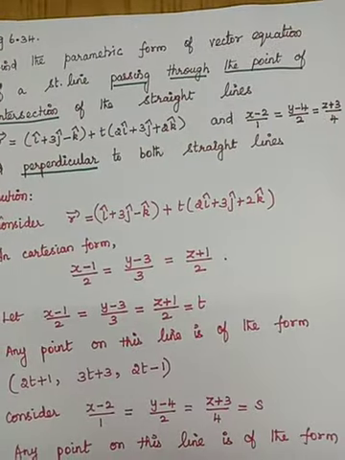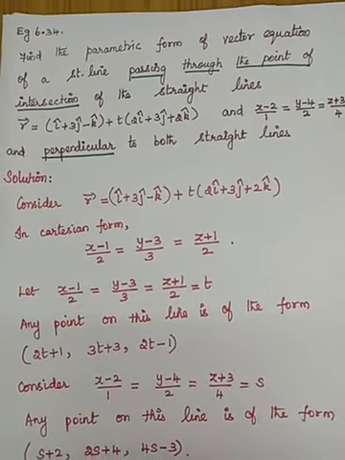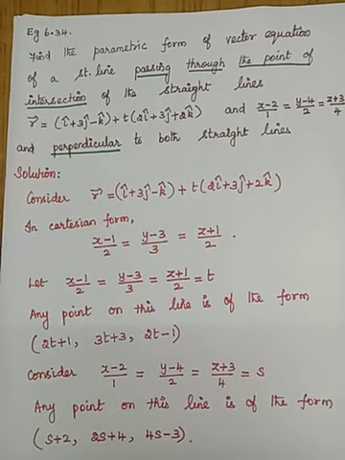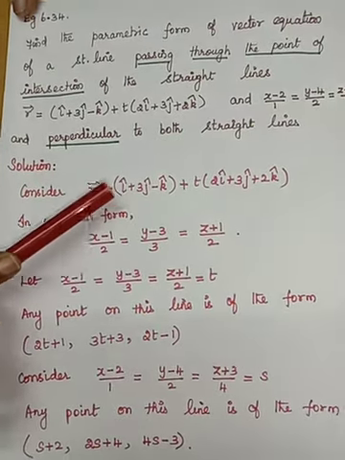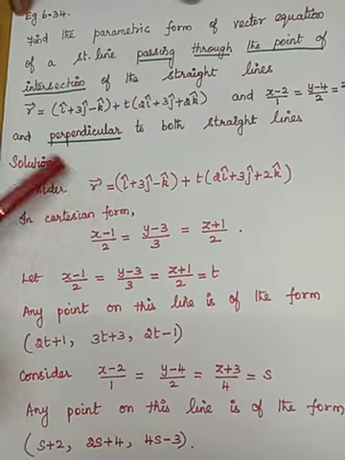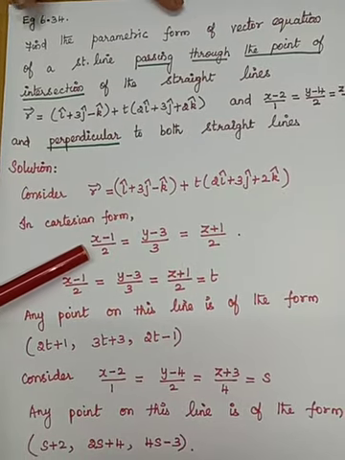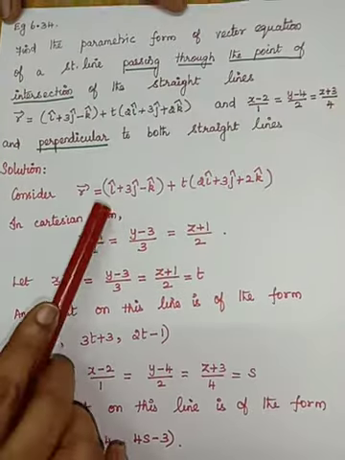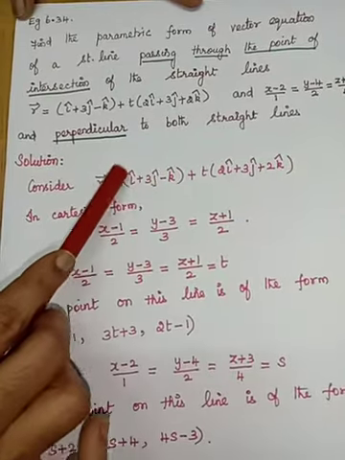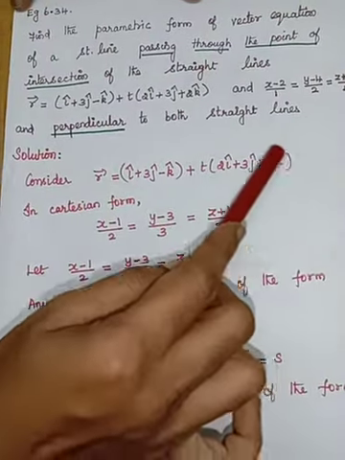To find the point of intersection, first consider the first line, which is in vector form. You have to convert it into Cartesian form first. This is the passing point of the first line and this is the parallel vector.